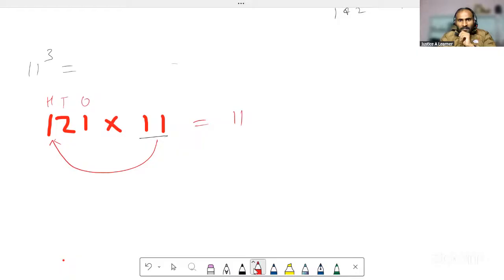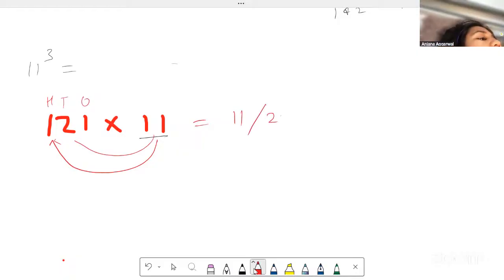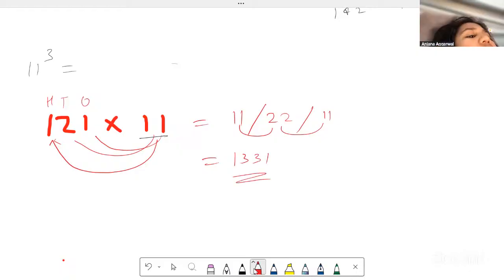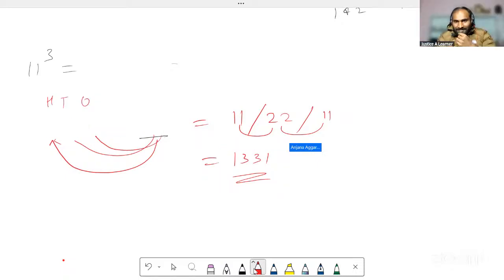11 times 1 is 11, then 11 times 2 is 22, and then 11 times 1 is 11. So simply this would be 13 because I already know that, and this would be 3 once again, and then this will be 1. Do you understand anything or not? I don't understand this part. Like this I have added, so it has become 13, right?